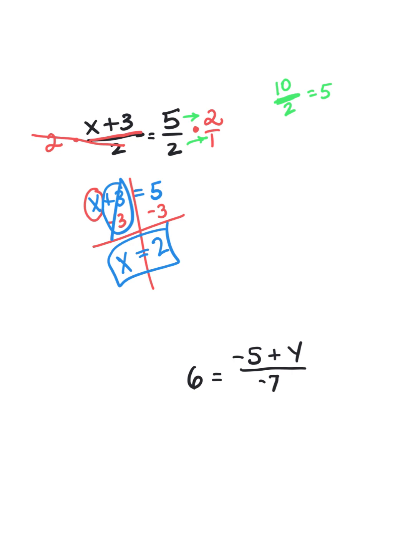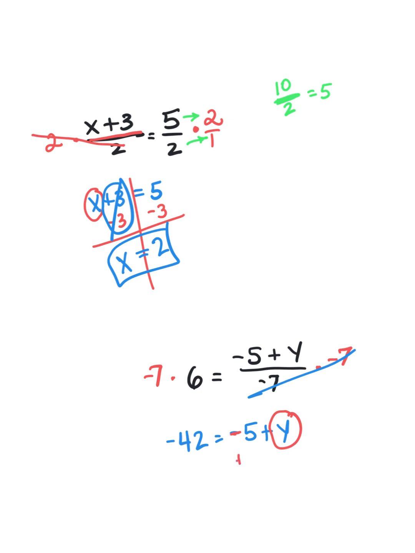In this one, it's being divided by -7, so we're going to do the inverse and multiply by -7. -7 times 6, that's -42. These cancel out, so you're left with -5 plus y. Again, there's your variable.